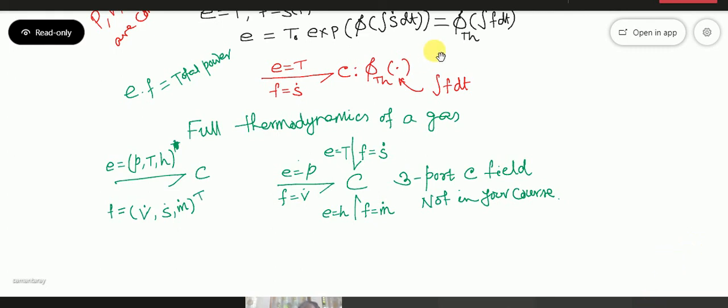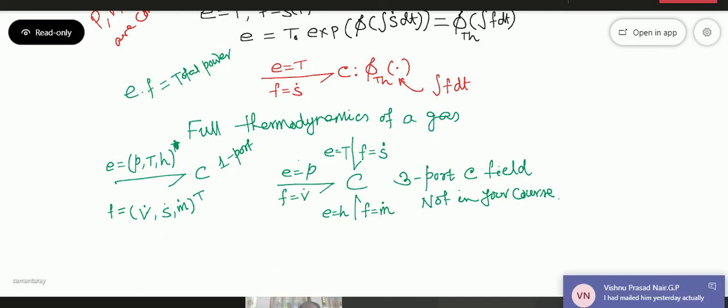So we can write it in the form of a vector, and this is one port. But if I write it in the form of a scalar, then it becomes three port. This three port I have written in terms of a scalar. Actually, in practice, those will be written in terms of a vector and it will become one port. Three efforts and three flows are there. Okay, sir.